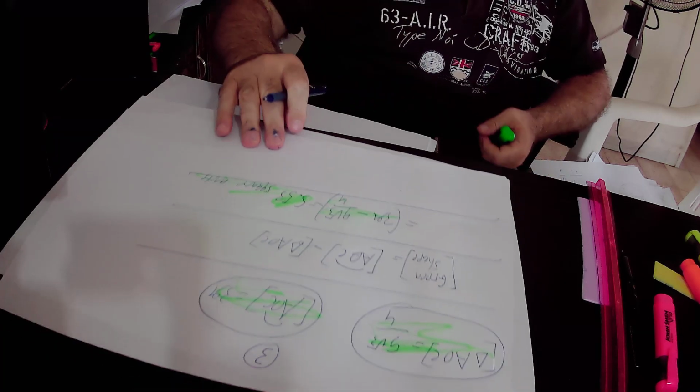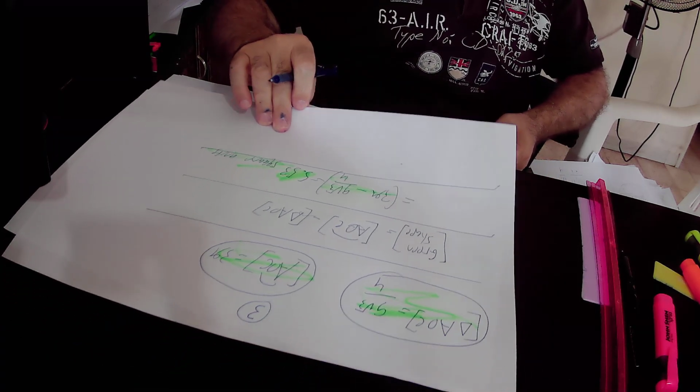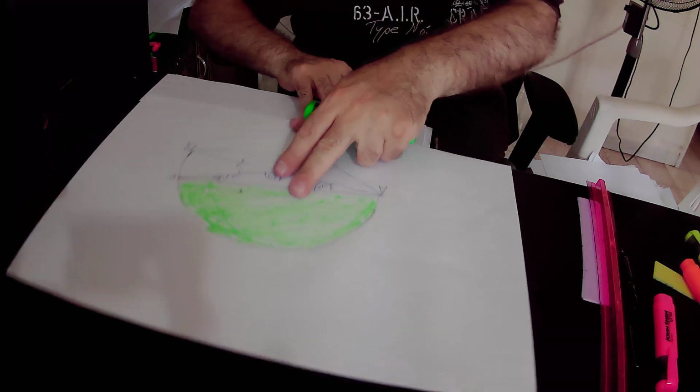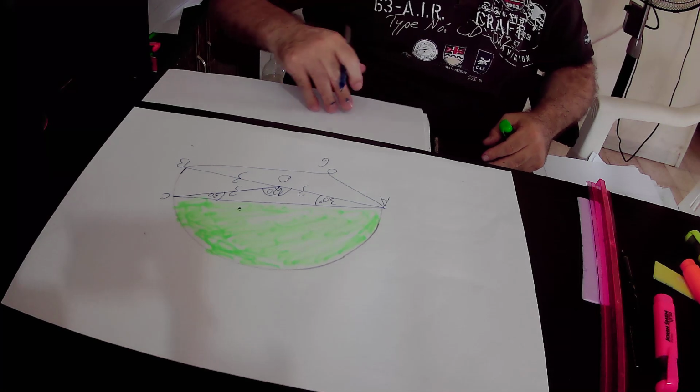We finished with the first method. The next step I'll present to you how to find the area of this ring shape according to the second method.